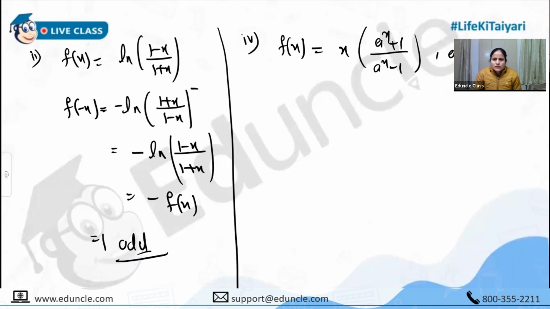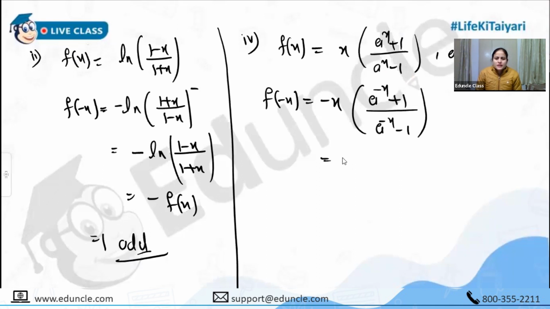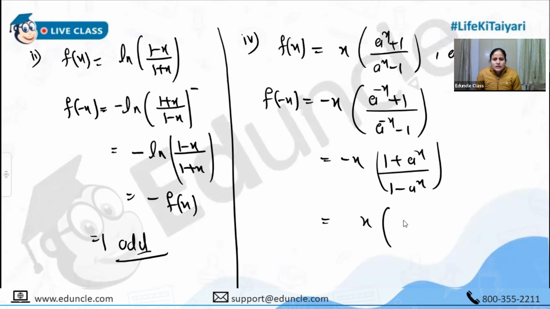Let's have a look quickly. So f at minus x is minus x times a raised to minus x plus 1 upon a raised to minus x minus 1. Let's take the LCM and simplify. Then I'll have 1 plus a raised to x upon 1 minus a raised to x. Correct. So take this negative here. So x times a raised to x plus 1 upon a raised to x minus 1, which is nothing but f of x. Yes, so my function is an even function.